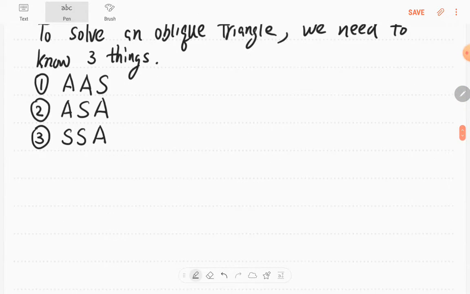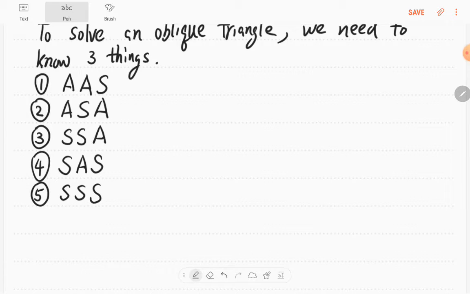So we write it as SSA. And of course, if we know two sides and the angle is between these two sides, we call it SAS. And the fifth one, we don't know any angle, so in other words, we know three sides. We can also find all the angles.